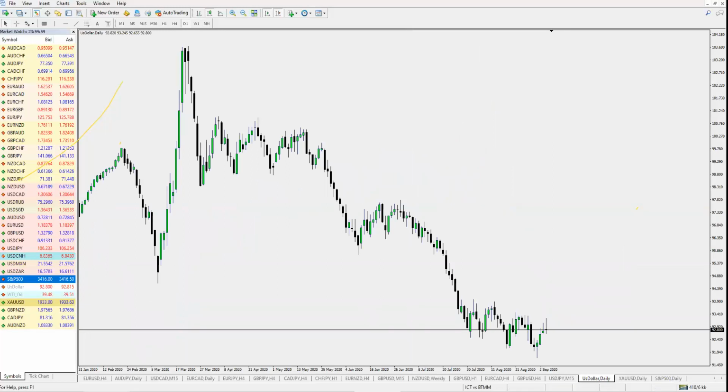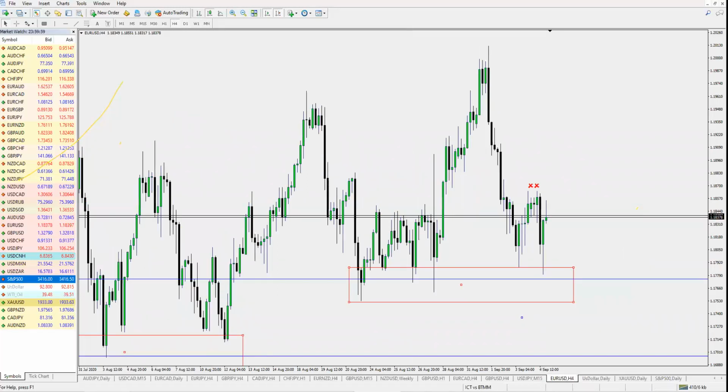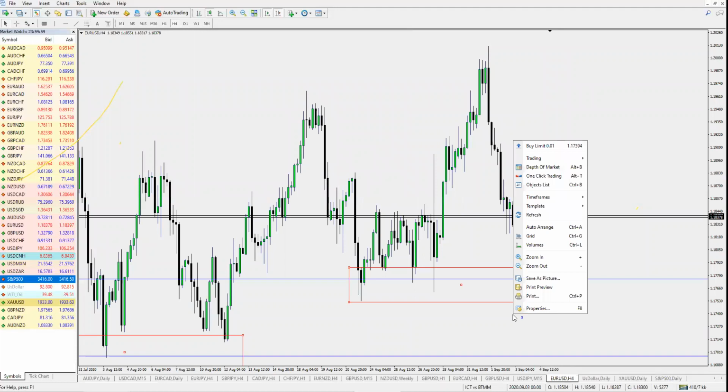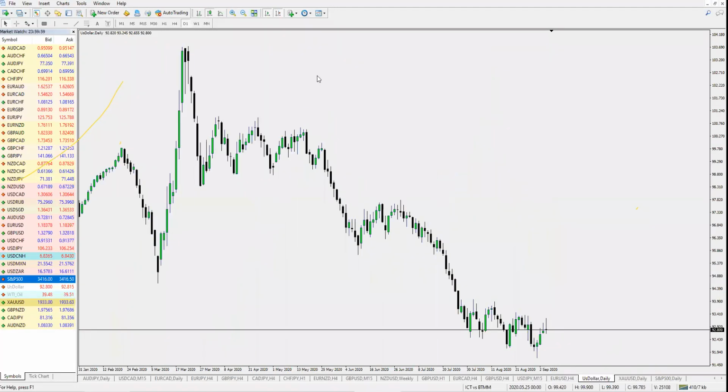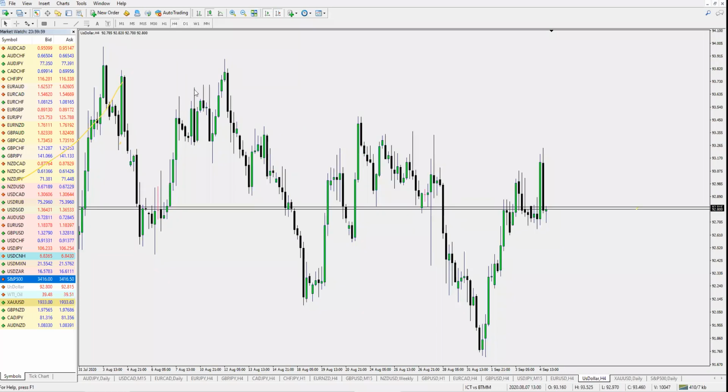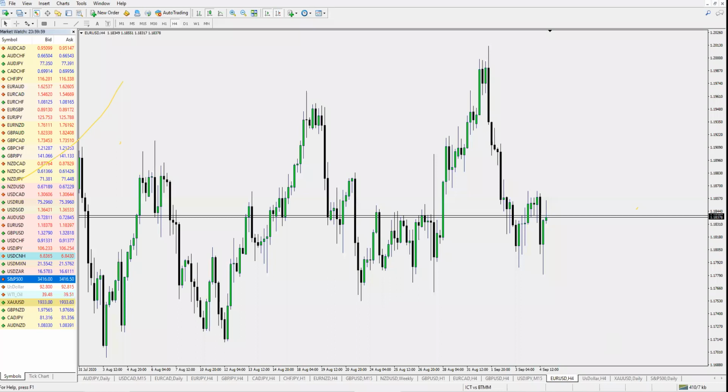Let me just use an example of EU here against the dollar index. Let's clear this up. This is the EU and this is the dollar. Let's put them both on a 4-hour time frame, and the daily.